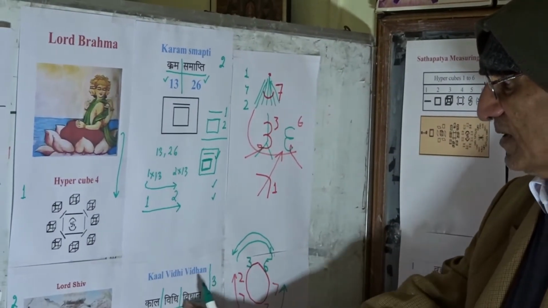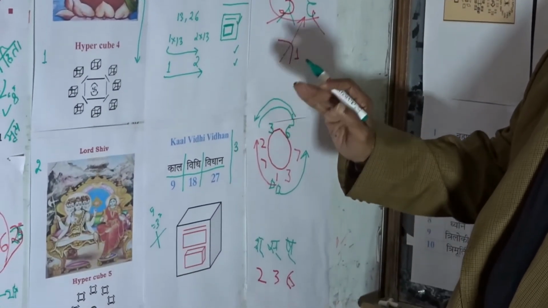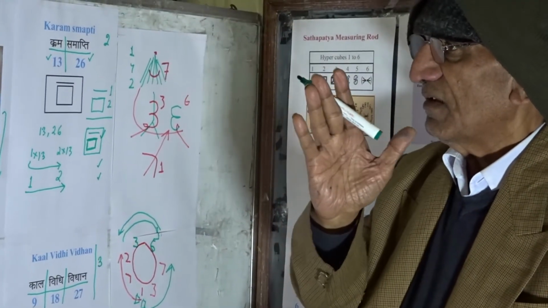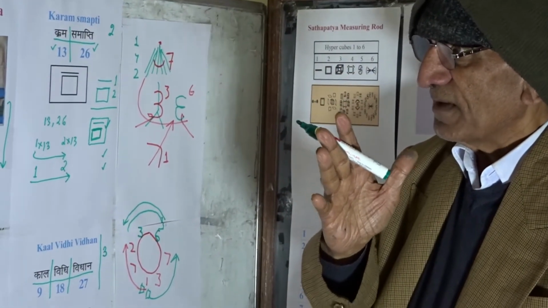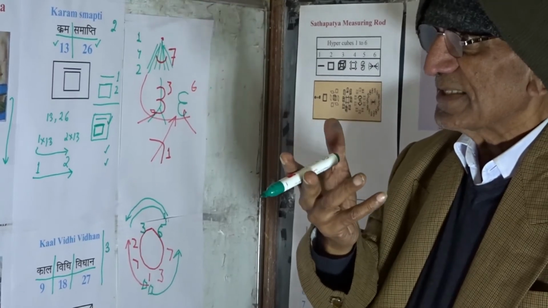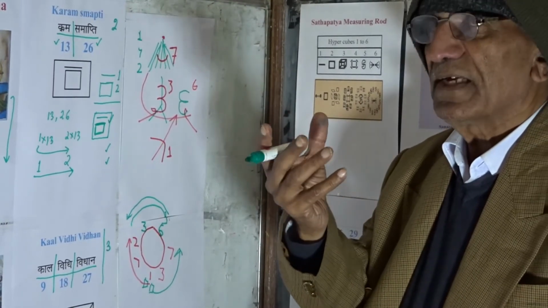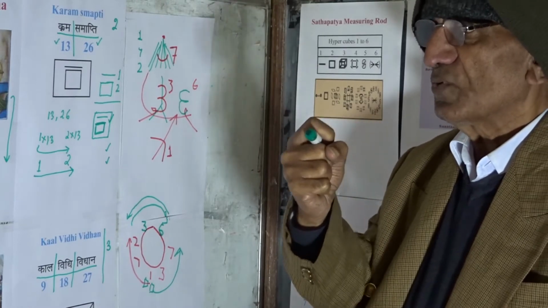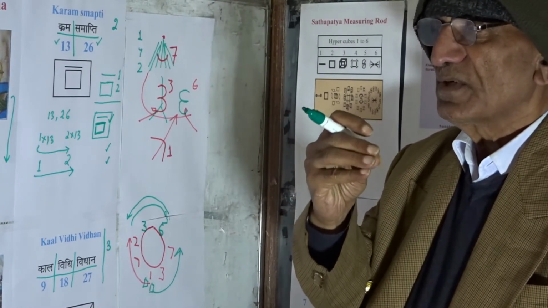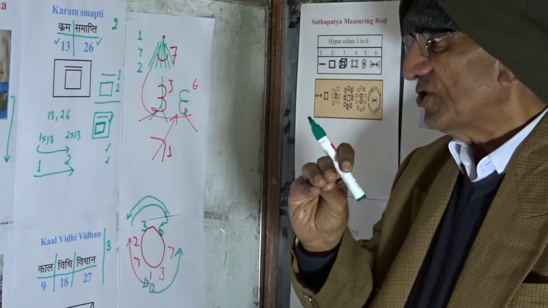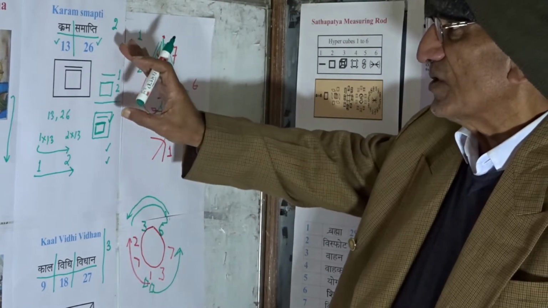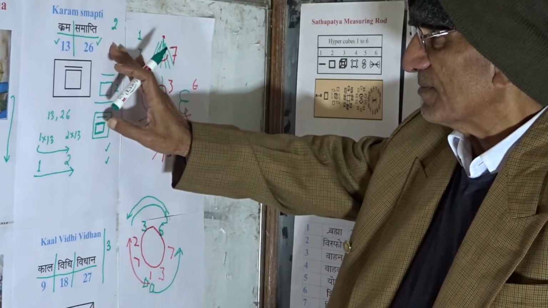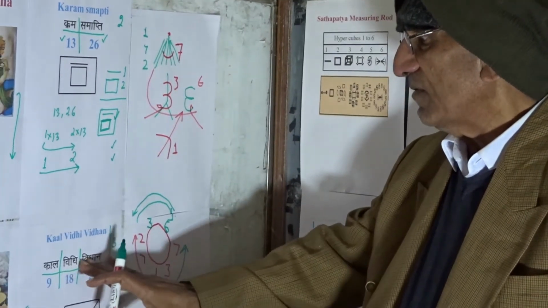Kaal, Vidhi, Vidhan is a comprehension of the Vedic systems which sadhakas, anxious and fulfilled with an urge to be face to face with ancient wisdom research methodology, shall be face to face with this pair of formulations, Karma Samapti and Kaal Vidhi Vidhan.